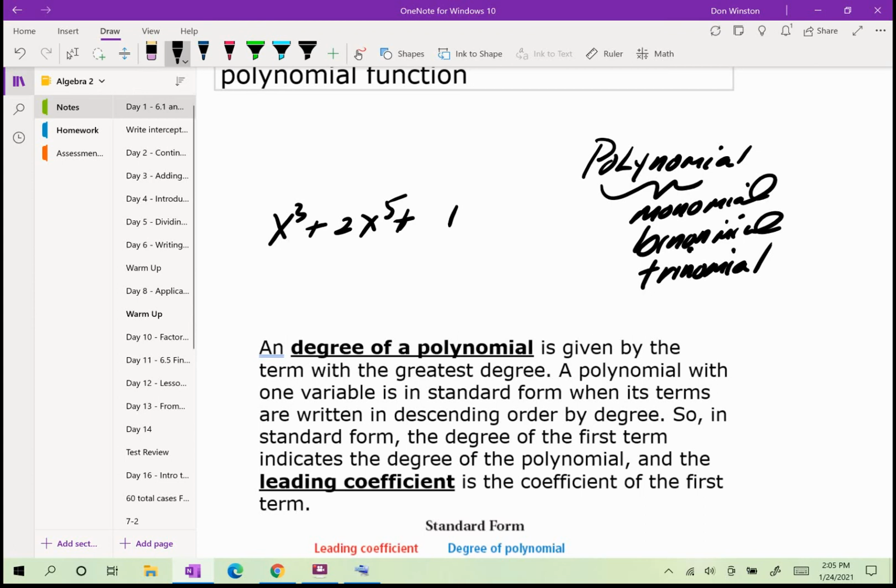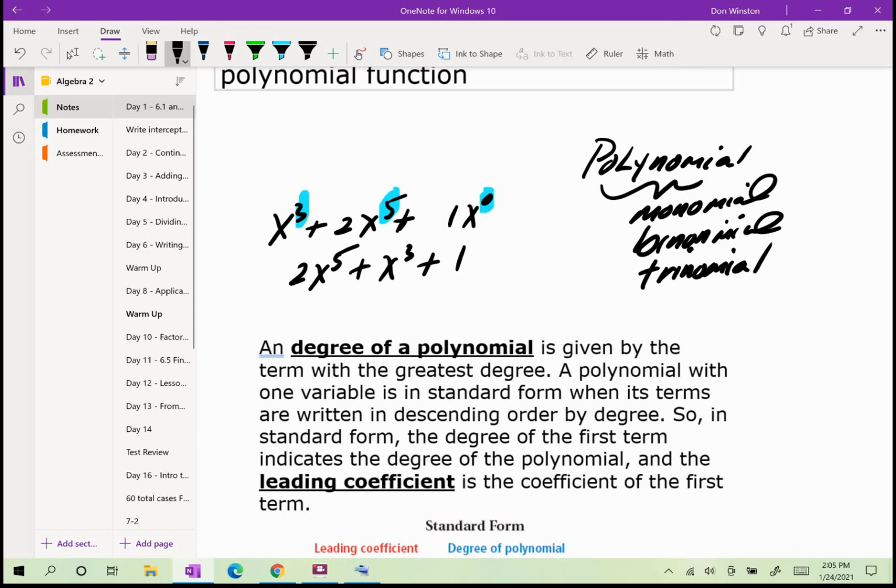First, I have to order it so that its terms are written in descending order by degree. Here I have degree 5, degree 3, and this is 1 times x raised to 0, which is degree 0. So that would be 2x to the 5th first, plus x cubed second, plus just 1.